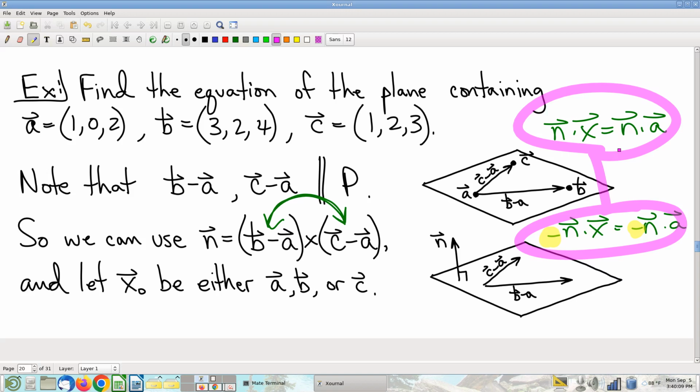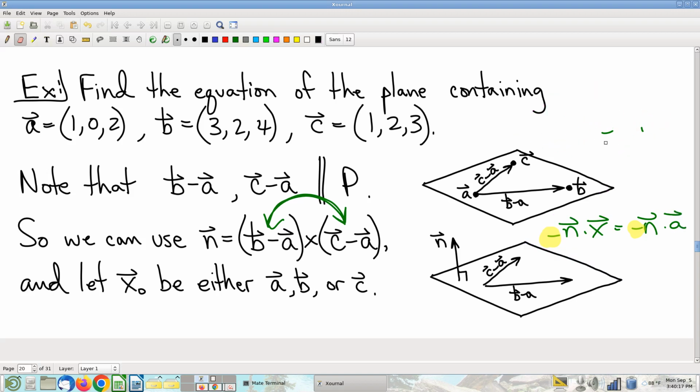So, same equation, yes. How do you know to do B minus A or C minus A? Doesn't matter. There's a lot of choices for how you can come up with parallel vectors. All you really need is two vectors parallel to the plane that aren't parallel to each other. So don't do C minus A and A minus C. That'd be a bad choice, right?